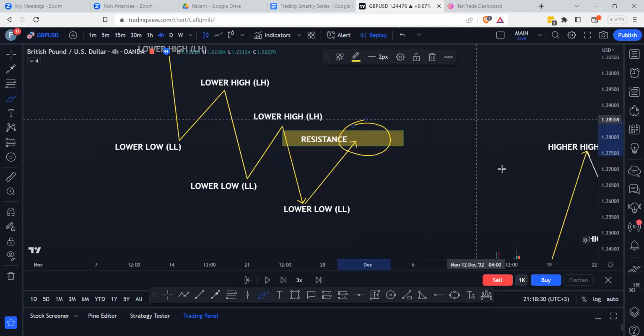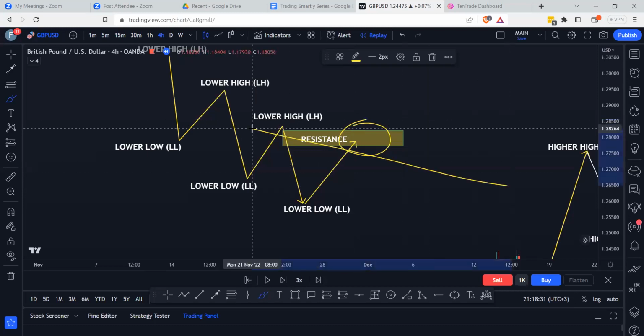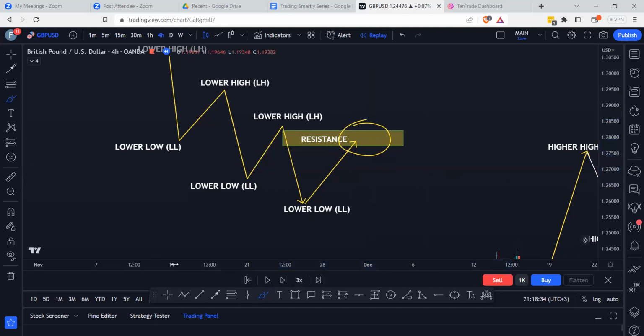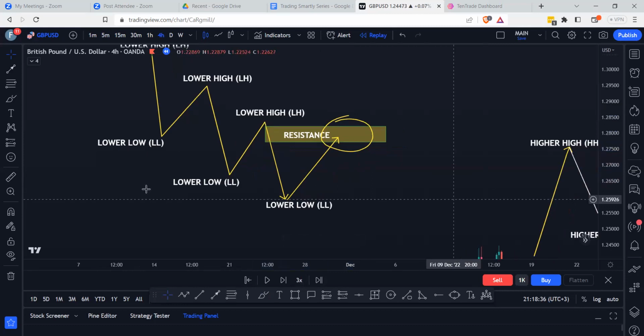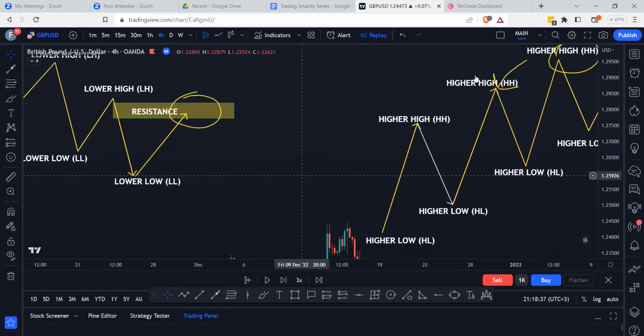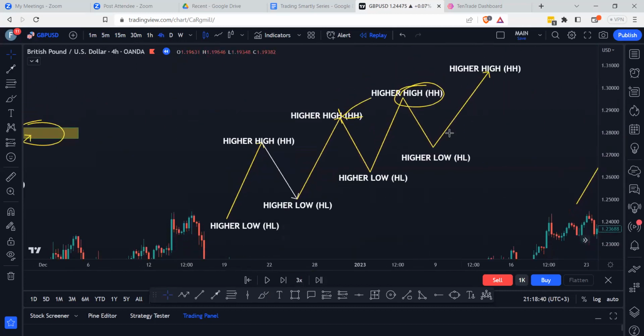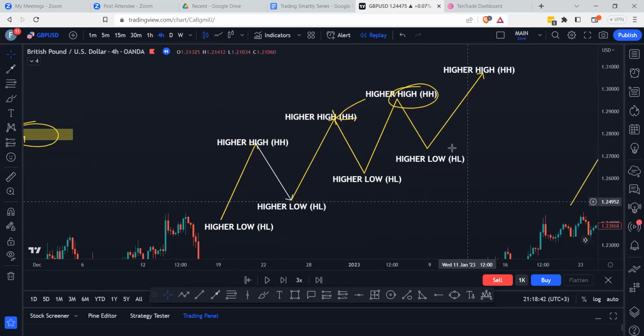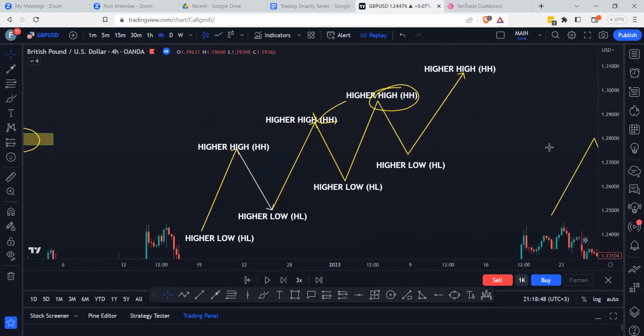Okay, now let's talk about an uptrend. In an uptrend, like so, you can see price in an uptrend, we buy at support. So when you see price doing this, you want to wait for price to retrace to a support. So this will be a support.